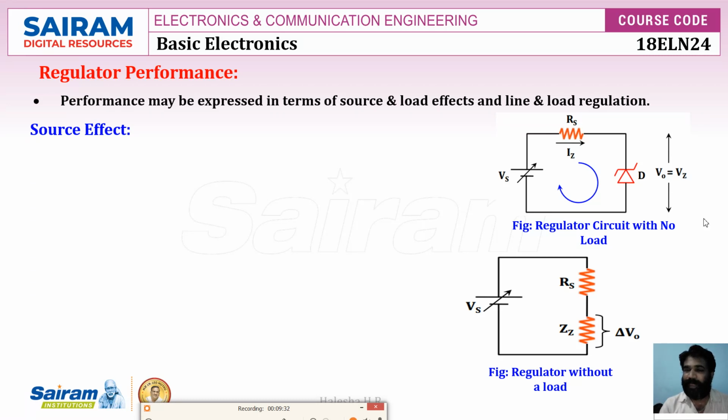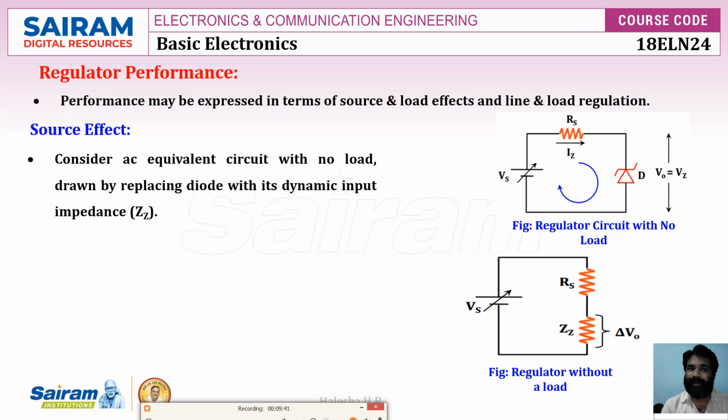That means here the diode is replaced with its dynamic resistance ZZ. So consider the AC equivalent circuit with no load drawn by replacing the diode with its dynamic impedance ZZ.